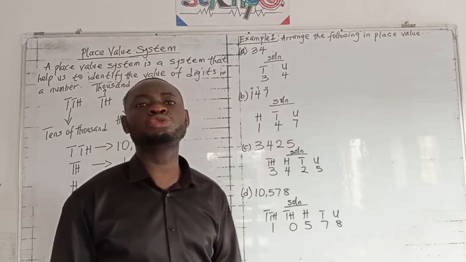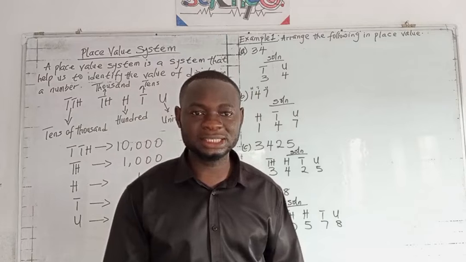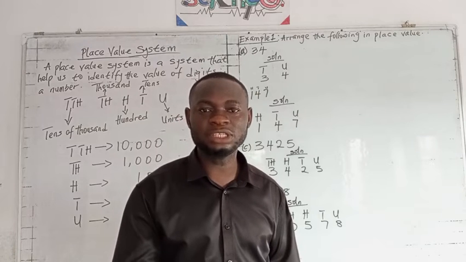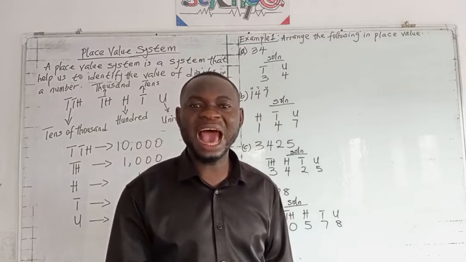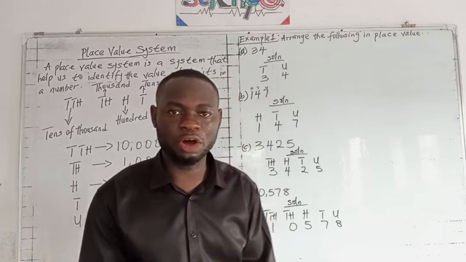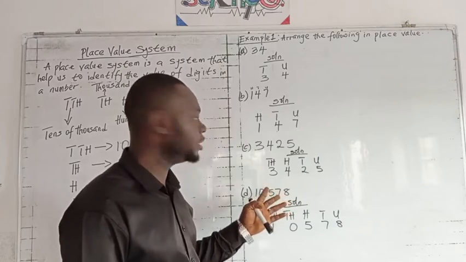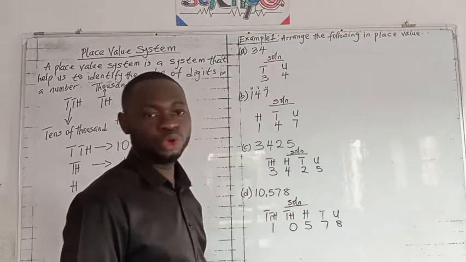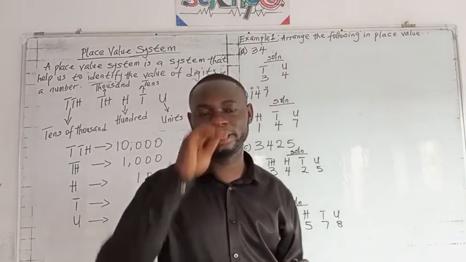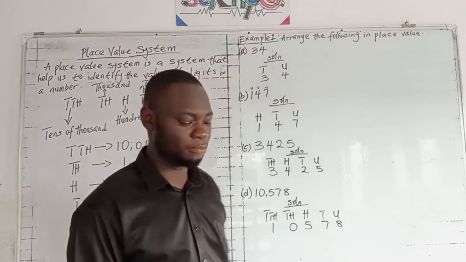And what helps us to do this identification is the place value system. The place value system helps us to identify the value of digits in a set of numbers. Okay? So, I'm going to clean this and then we look at the examples of identifying the place value of digits in a number.